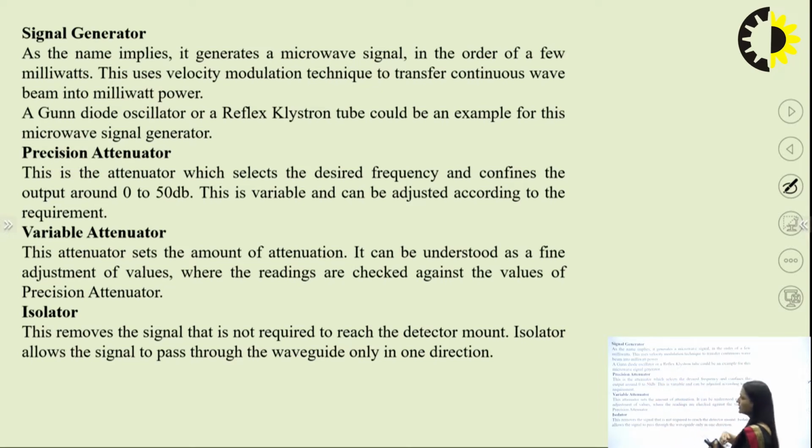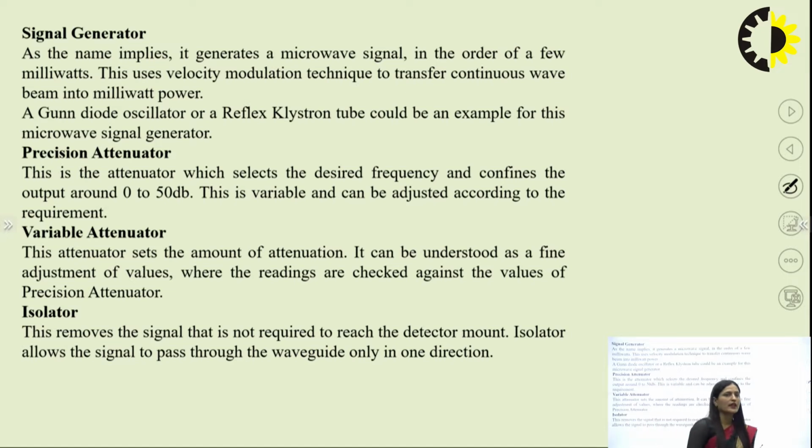In the microwave tube, signals are generated through velocity modulation. Velocity modulation is the variation of the velocity of an electron depending upon the field with which it is interacting.